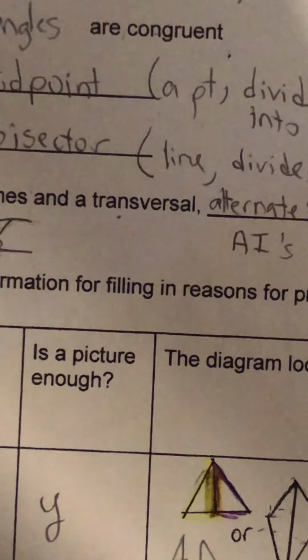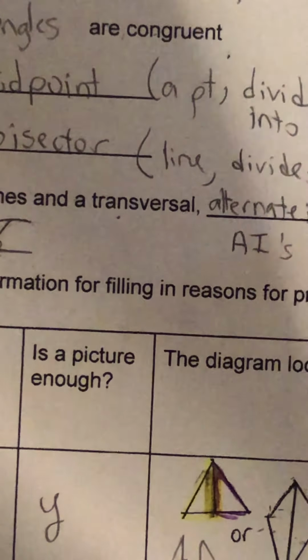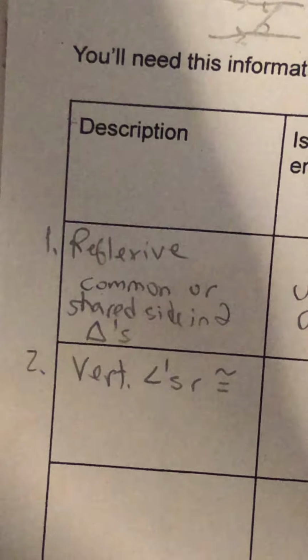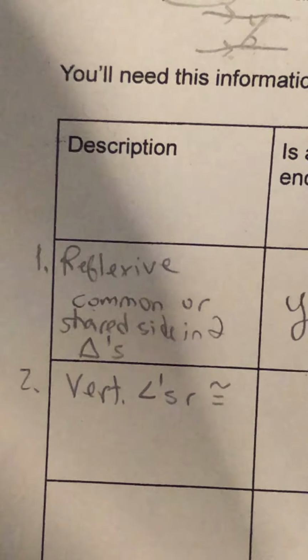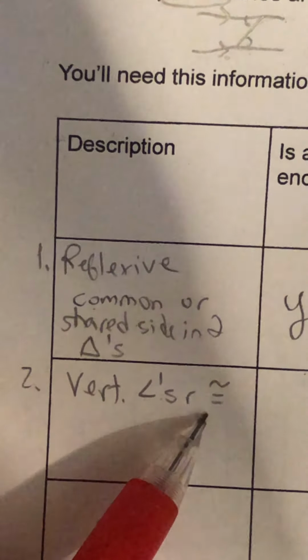Okay, the second one is vertical angles are congruent. So I'm going to abbreviate. We've reviewed this a couple of times. Vertical angles are congruent.